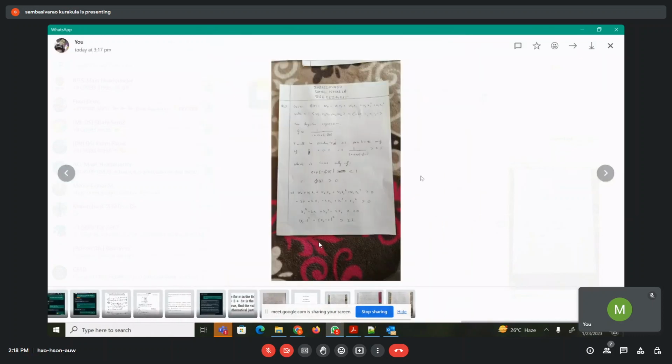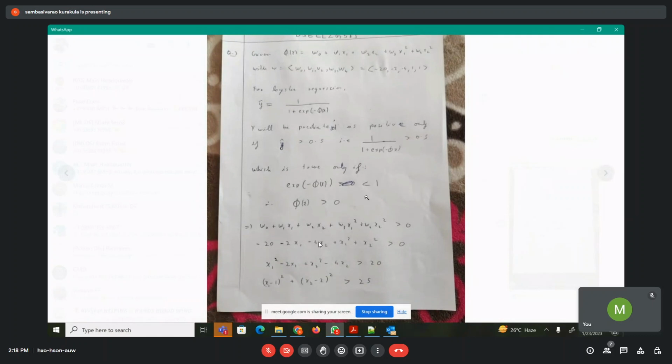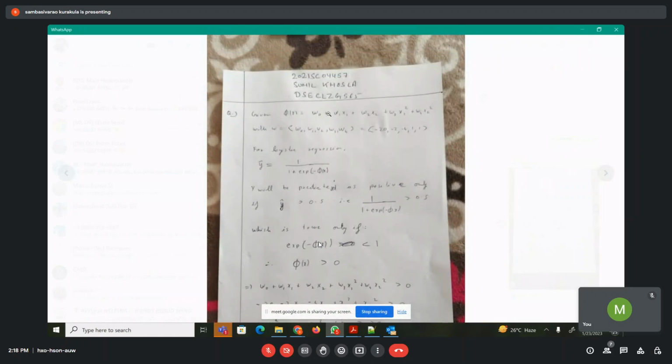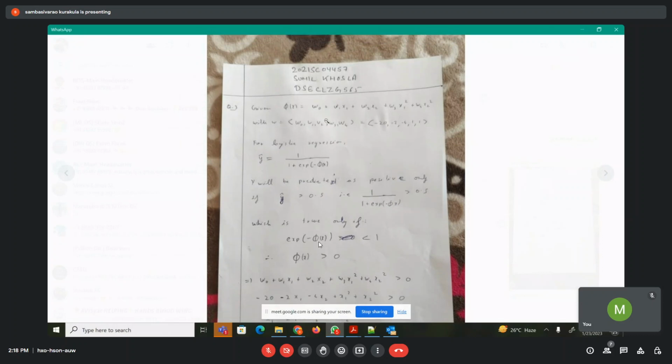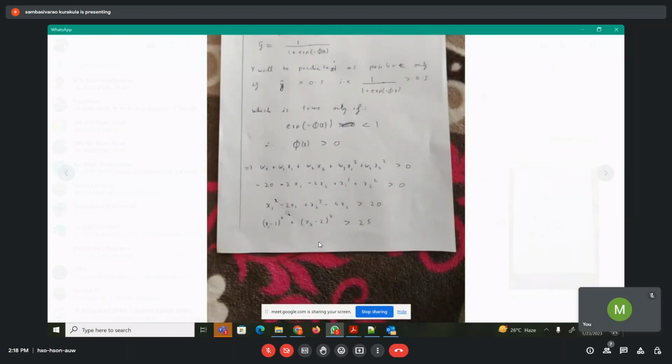Now, to validate whether this is correct or not, you can simply substitute the x1, x2 values in this entire equation. You know the w0s and x1s, right? To be precise, you can substitute in this equation.